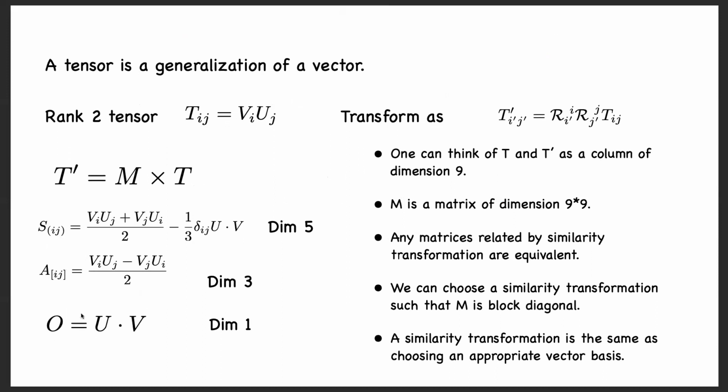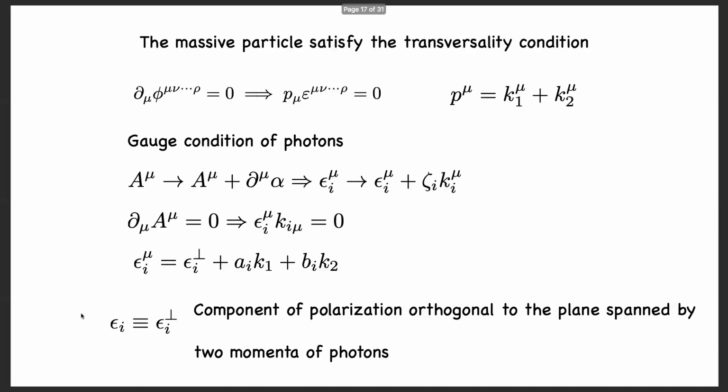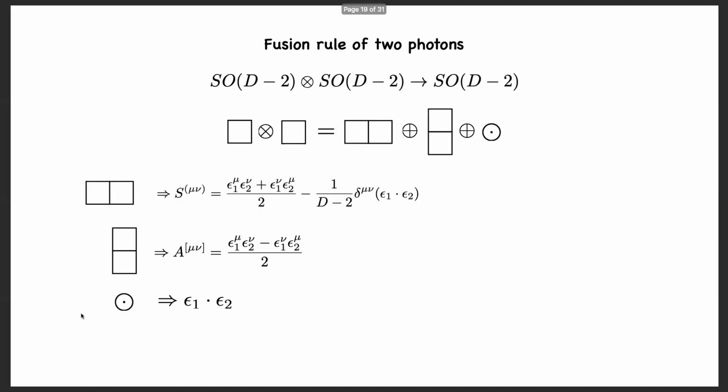Then I can break the tensor product of two photons into a symmetric traceless tensor, an antisymmetric rank-two tensor, and a scalar. And this is how they look in terms of the polarization of the photon. They are basically irreducible; each of them is an irreducible representation.